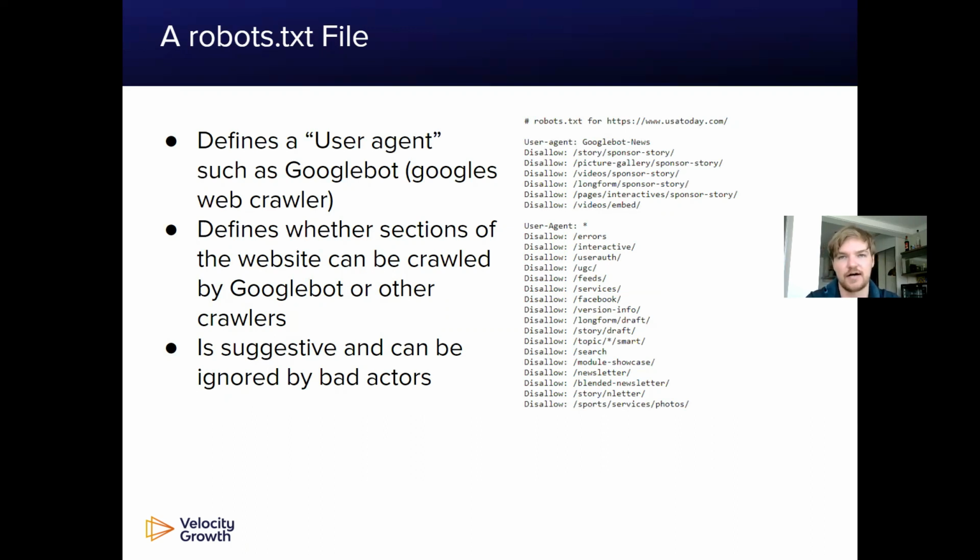So you would say, don't crawl this page by saying disallow / and then you would put the specific URL. You can see here, you've got a couple of examples.